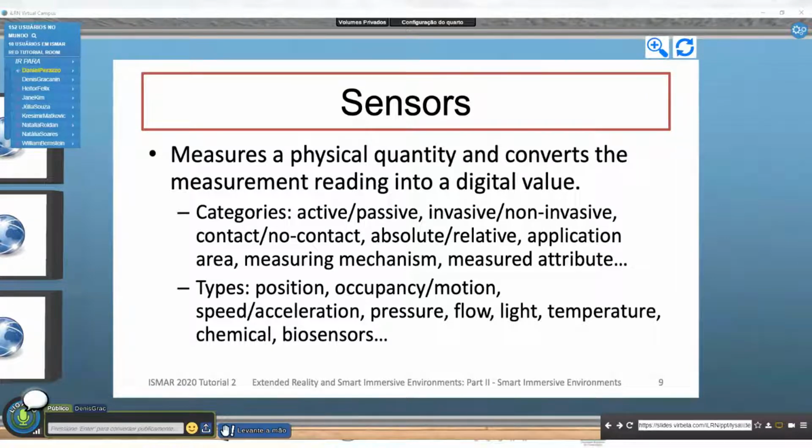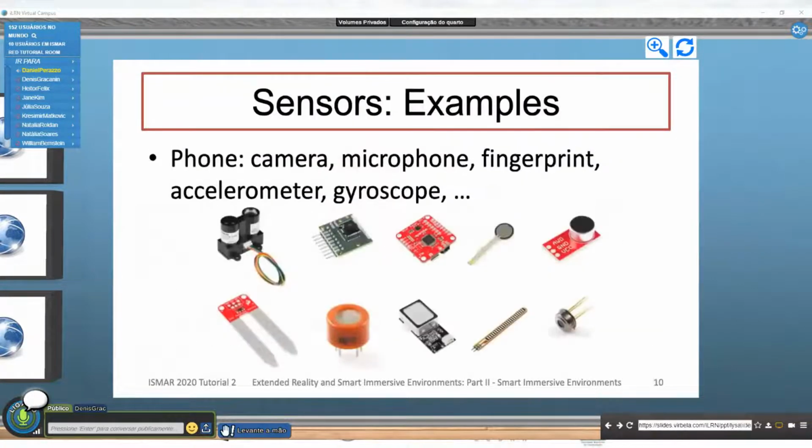When you look at examples of those sensors, we are looking at things such as camera, microphone, fingerprint detector, accelerometer, gyroscope, and here we have examples of those devices, and they can range in complexity, data they generate, physical size, level of programming required, and so on.